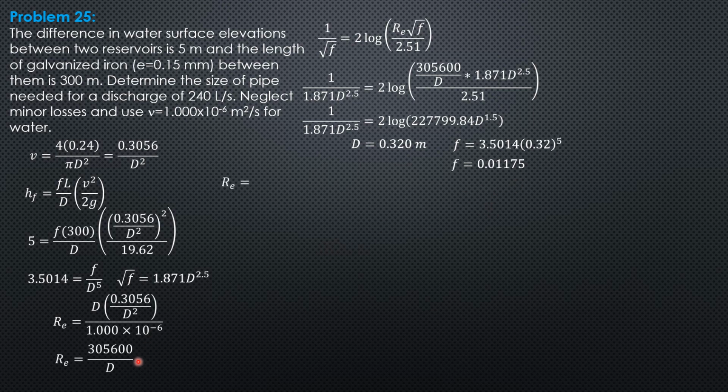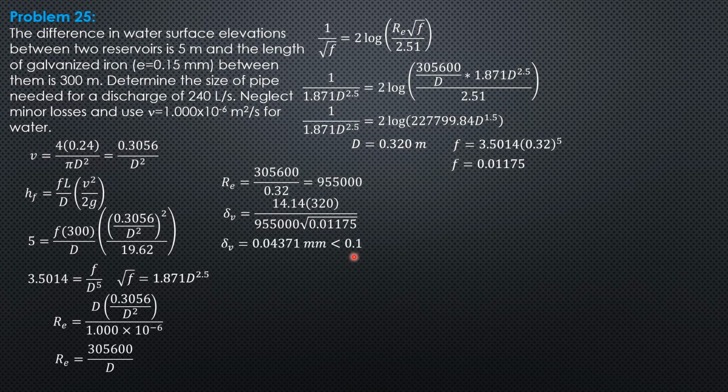Next, the Reynolds number, 305,600 over 0.32, so 955,000. Then check the nominal thickness of viscous sublayer to see if our assumption is correct or not. So 14.14 times diameter 320 mm over 955,000 square root of 0.01175, and it is equal to 0.04371 mm, which is less than the absolute roughness but greater than e over 14.